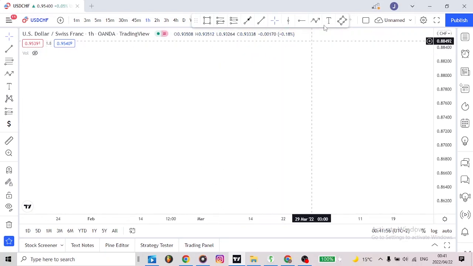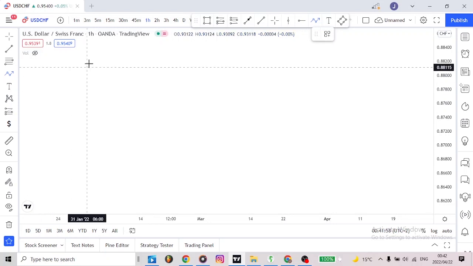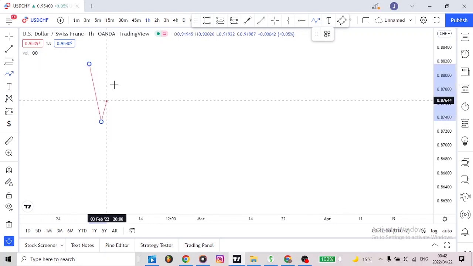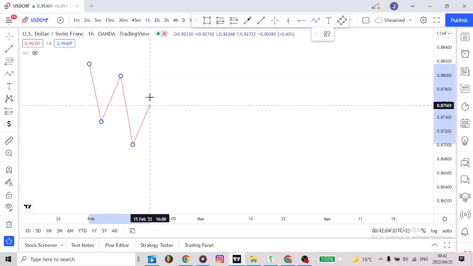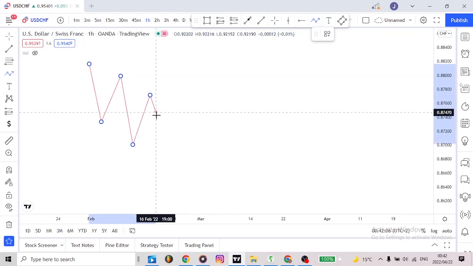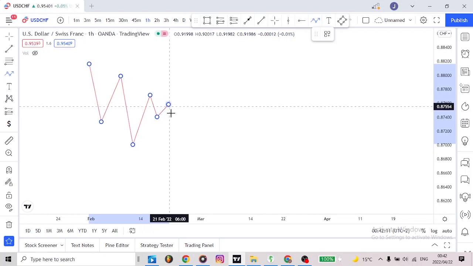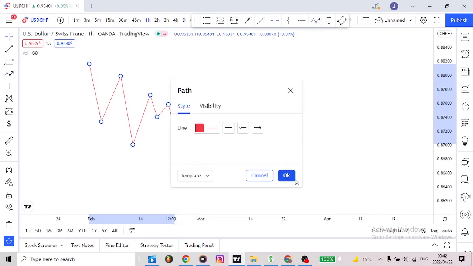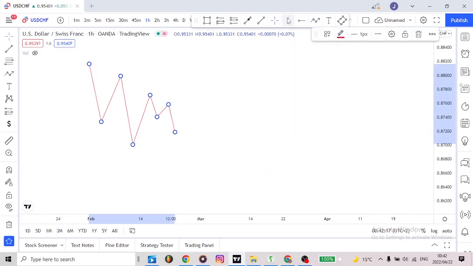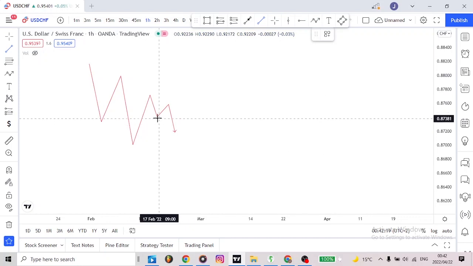For example, let's say we are in a downtrend, and then we see something like this, and then the market pushes a little bit up, and then we continue going down. Now this here is not a break of structure.